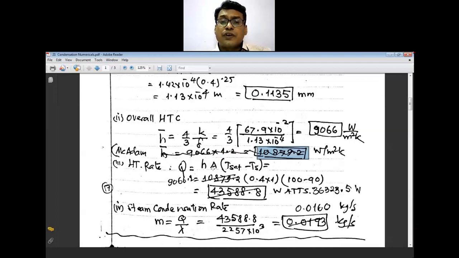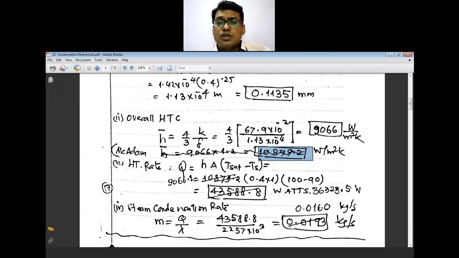Then heat transfer rate, Q, is equal to H A into bracket T saturated minus Ts. So we can calculate the Q with the calculated value and Q with the 20% excess.